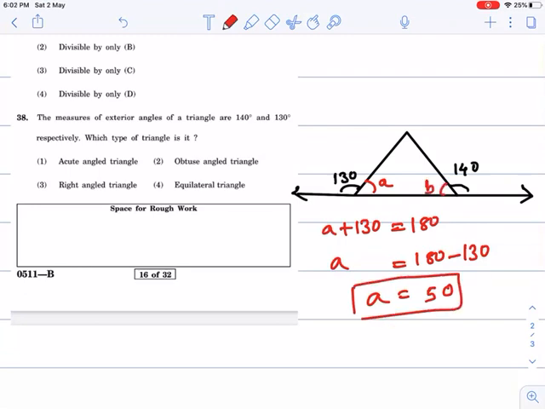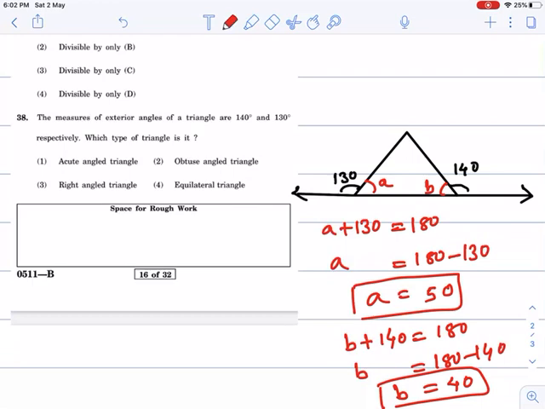Here you find B, and this angle is in a linear pair. So angle B plus 140 is equal to 180. So B is equal to 180 minus 140, which means B is equal to 40. So you got A, you got B.